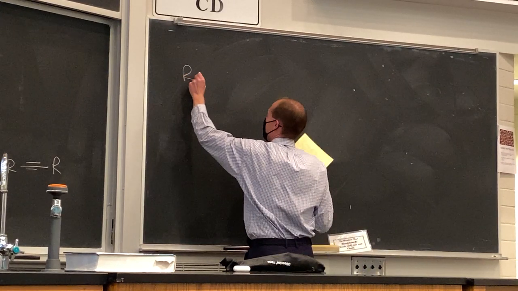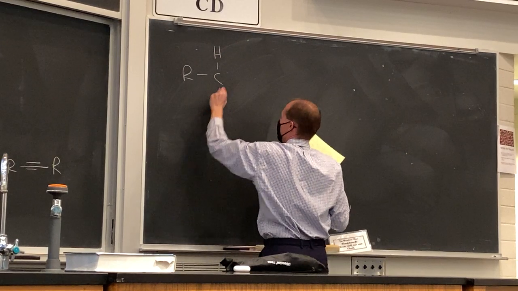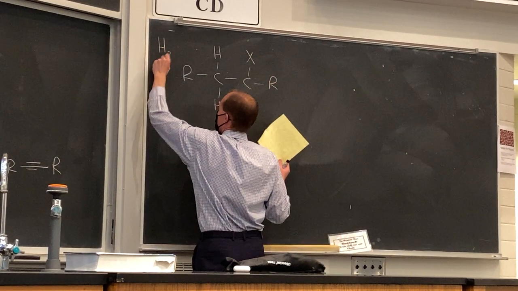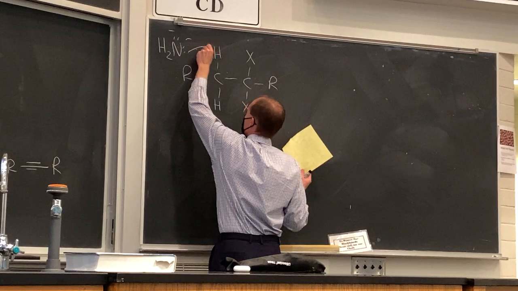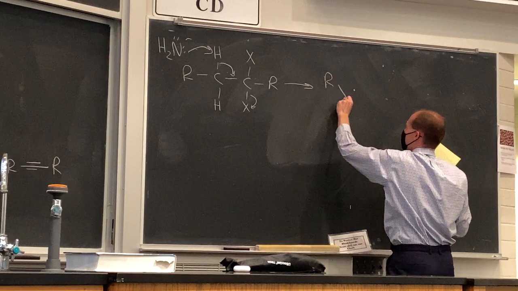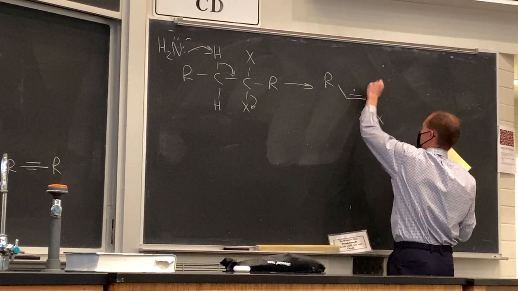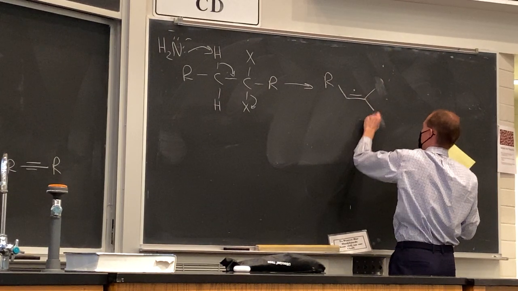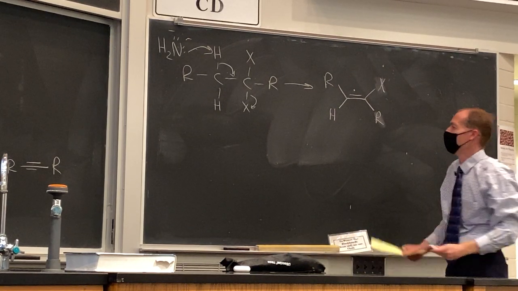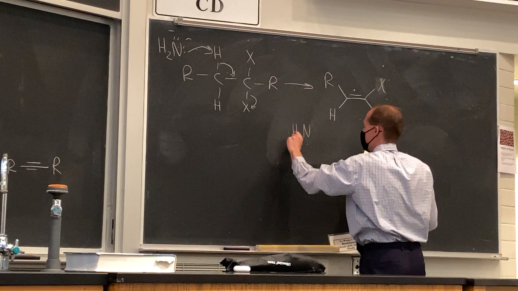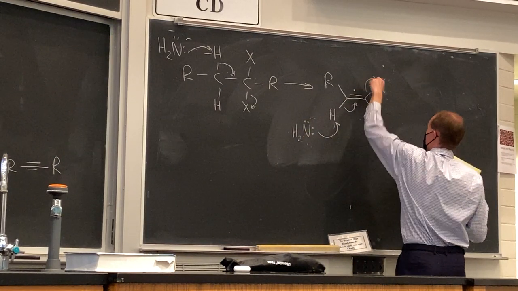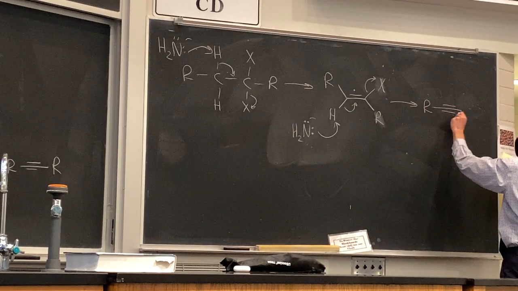So if we have the geminal dihalide, we're removing the beta hydrogens from the same carbon. So we form our vinyl halide intermediate, and then this time we deprotonate a second time from the same carbon, forming our alkyne.